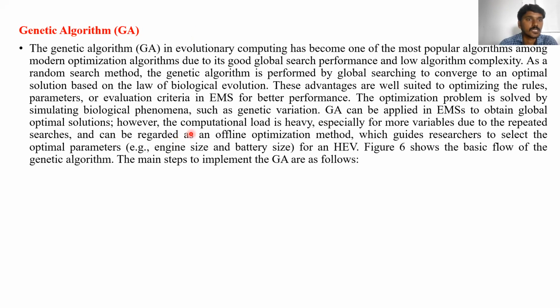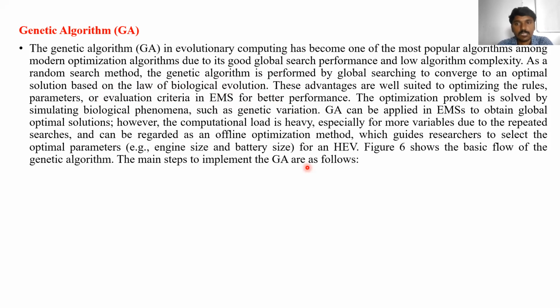Genetic algorithm. The genetic algorithm, an evolutionary computing method, has become one of the most popular algorithms among the modern optimization algorithms due to its good global search performance and low algorithm complexity. As a random search method, the genetic algorithm performs global searching to converge to an optimal solution based on the law of biological evolution.